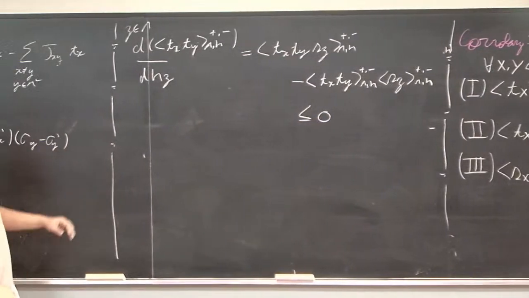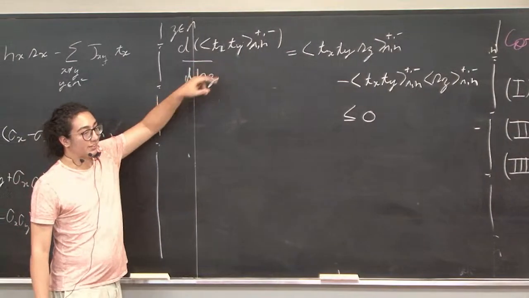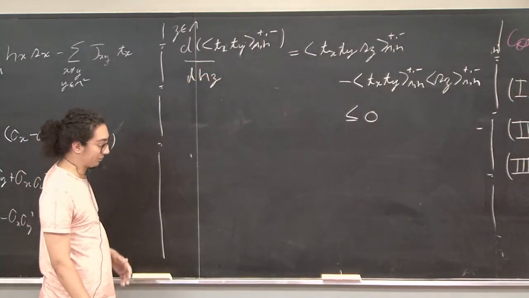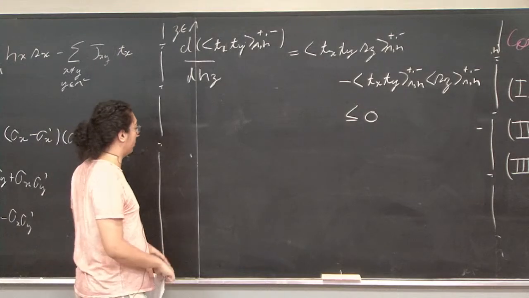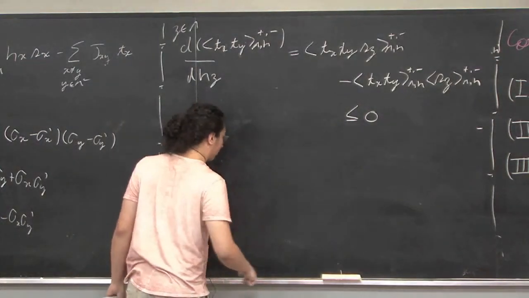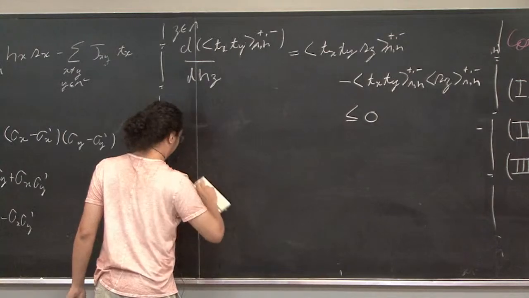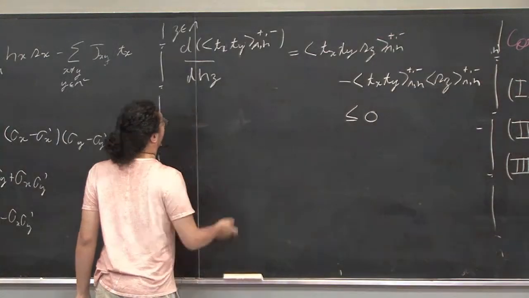Meaning that this correlation is decreasing in the external field. And we use this to do another standard trick. So okay, this is decreasing.